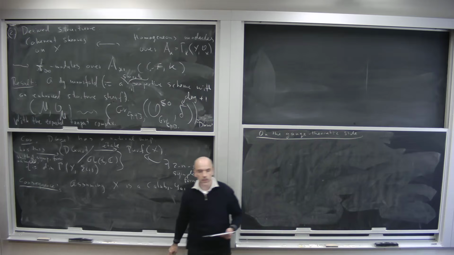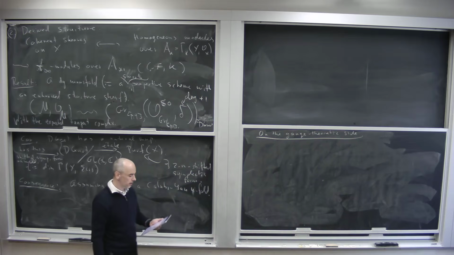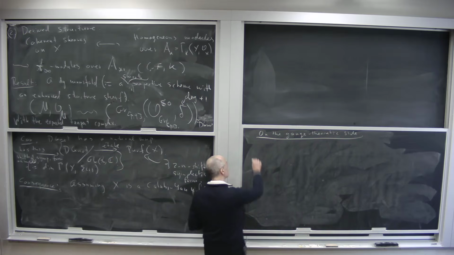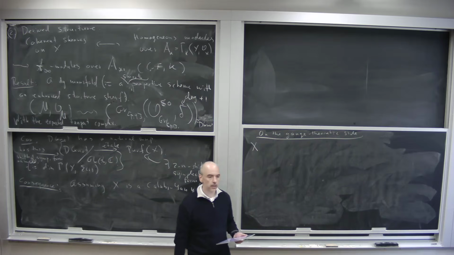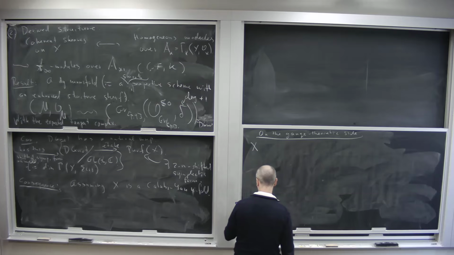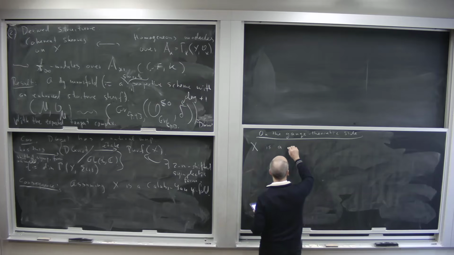So here I will start making more assumptions about the manifold I have. Now X will be not just a smooth projective variety, but also of dimension 4, a Calabi-Yau fourfold.